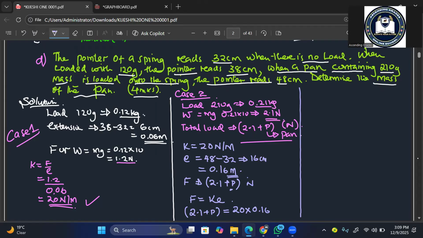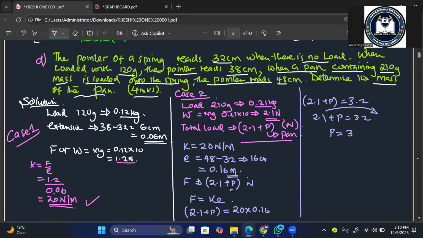So now it will be 2.1 plus P is equal to, this one is giving me 3.2. So now you open up: 2.1 plus P is equal to 3.2. So with P becoming the subject of the formula, you take this one to the other side.